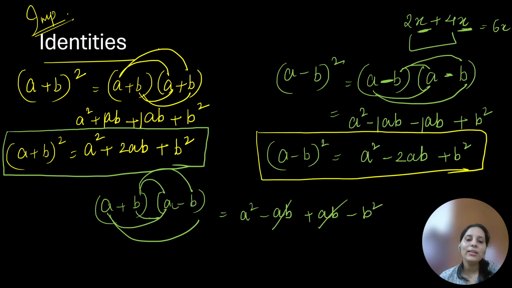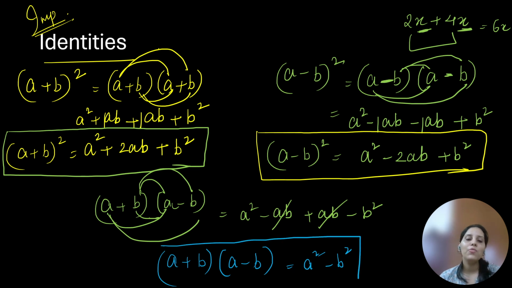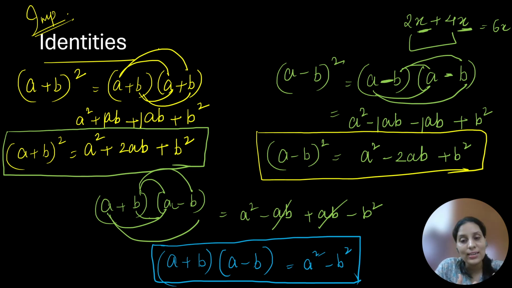Ultimately my identity is (a + b) into (a - b) is a square minus b square. This is how these formulas are formed. So these are all the identities. Identity means these are facts. Whatever values you put here, you get LHS same as RHS. This is what an identity is.